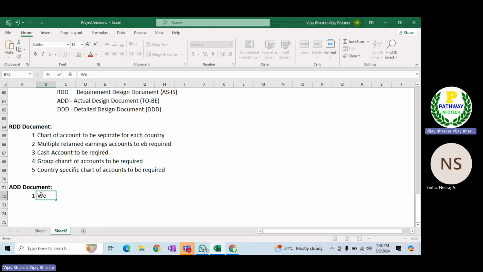Number one would be the chart of accounts, right? I'll copy the first one.